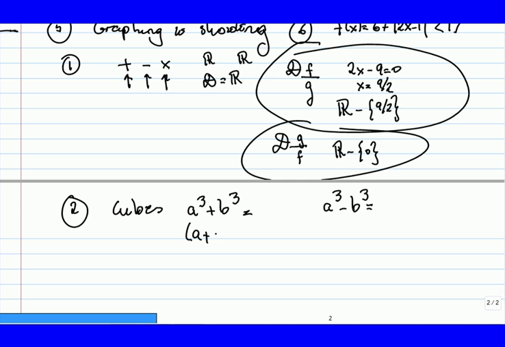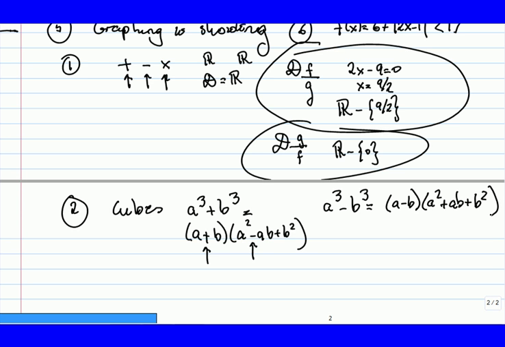It's a plus b, times a squared minus ab plus b squared. So you have to remember, when this is plus, this is minus. For the minus one, you're going to have a minus b, times a squared plus ab, it's always the opposite, plus b squared.